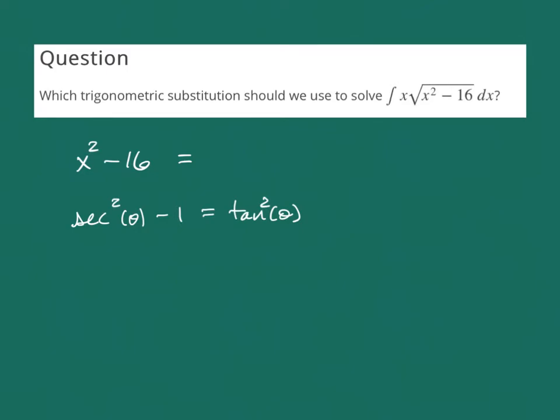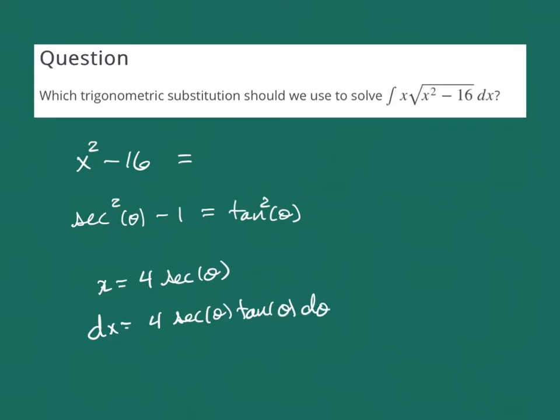So we can do a substitution with x equal to 4 secant of theta. Our dx then becomes 4 times the derivative of secant, which is secant theta tangent theta d theta.